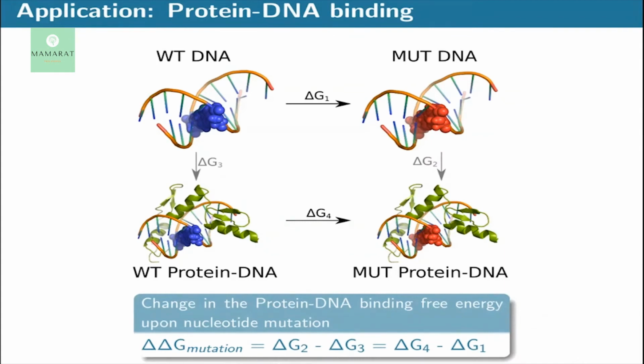So in comparison, as a reference, we will use, I'm sorry, this will be our reference free energy delta G1, and delta G4 will be our DNA mutation of a molecule bound to the protein. And in total, this will give us a relative free energy difference of DNA binding to the protein upon a nucleotide mutation.